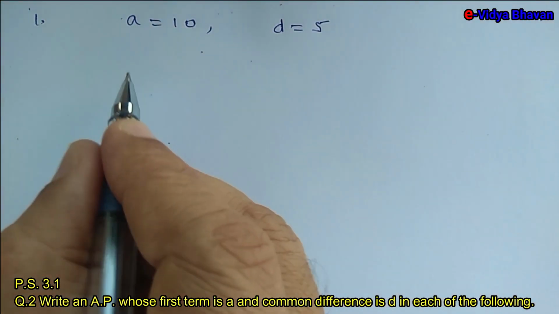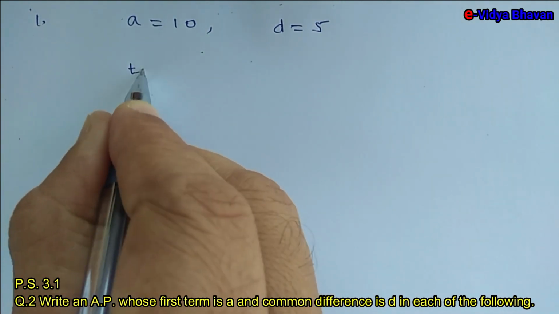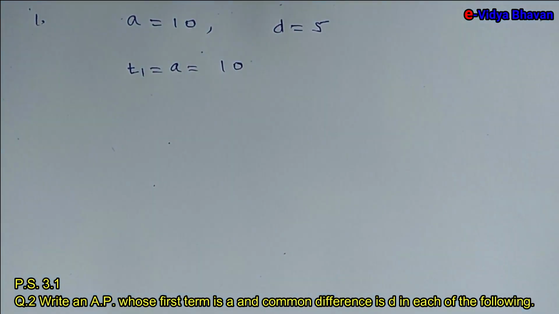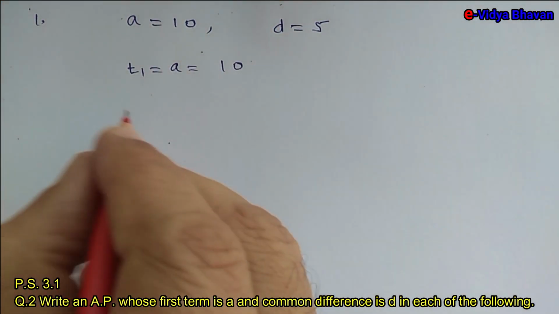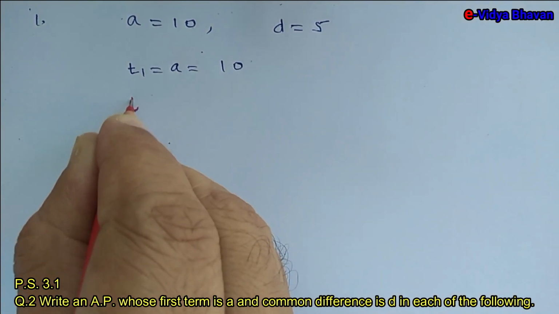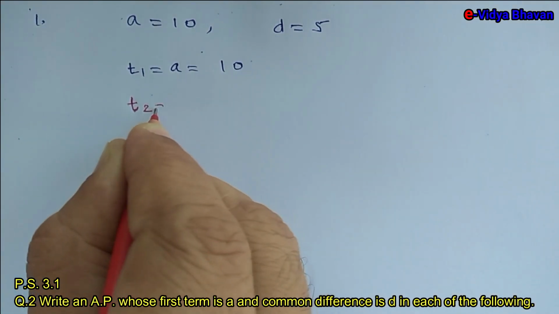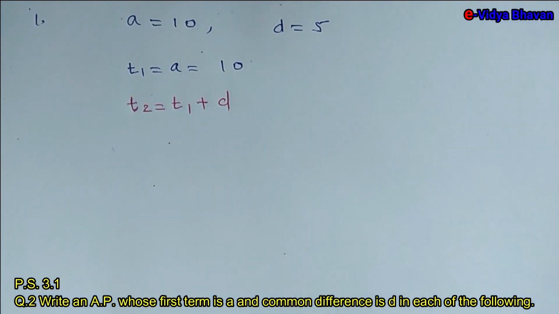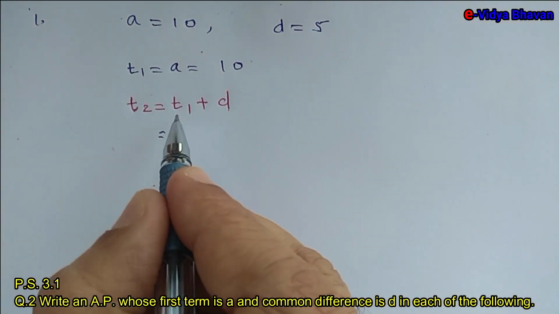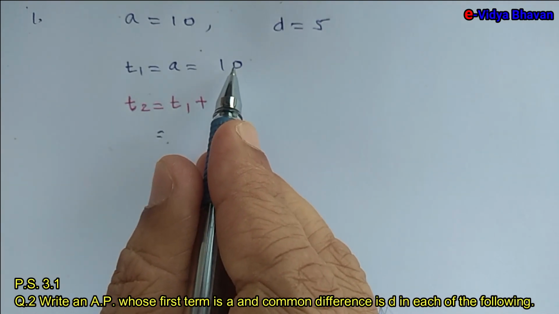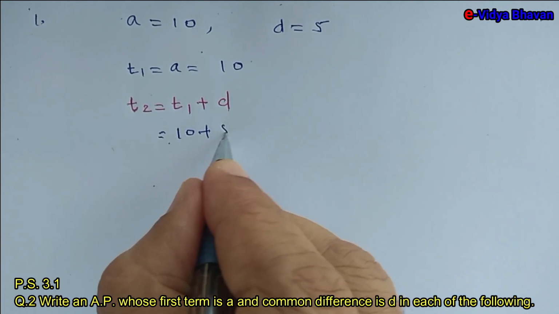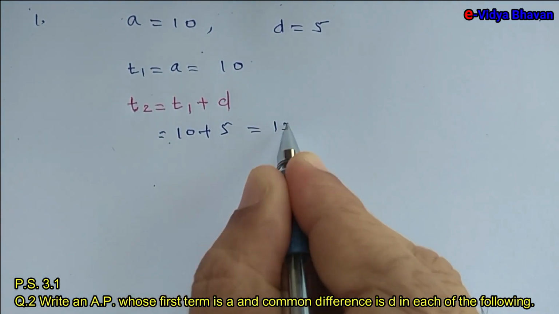Now this A is the first term. So T1 is equal to A is equal to 10. And remember this formula, T2 is equal to T1 plus D. That is, we have got the value of T1, 10, D we have got it 5, and this is giving me 15.